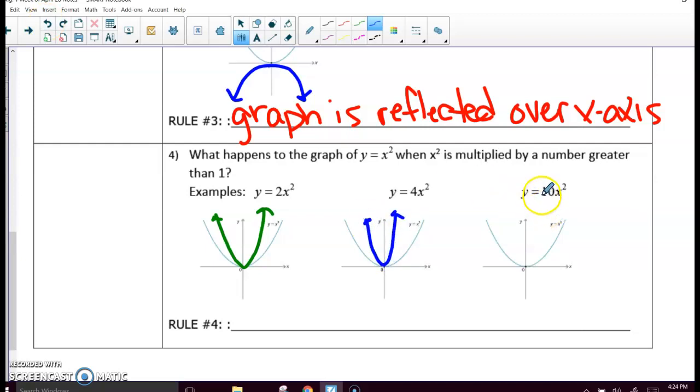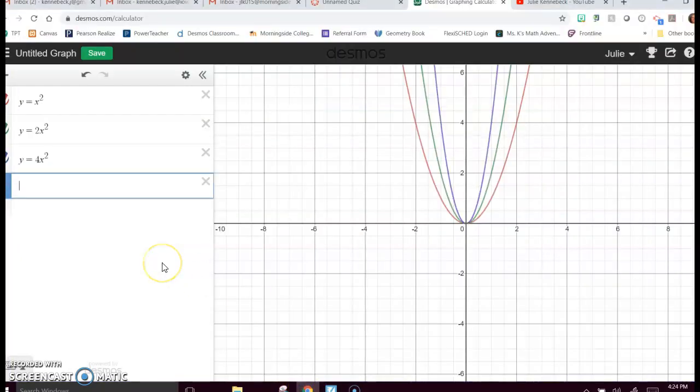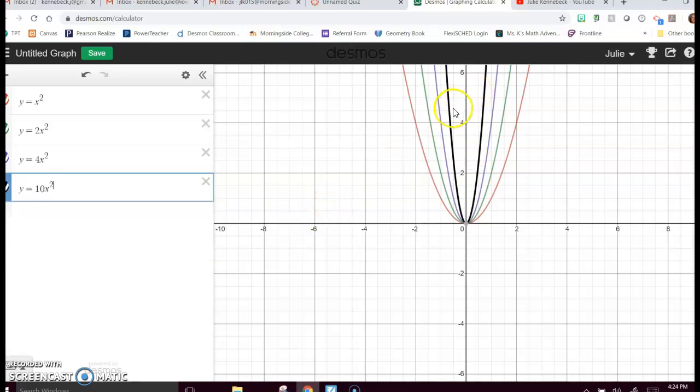What do you think is going to happen for the graph of y equals 10x squared? If I can type it correctly. There we go, super narrow.